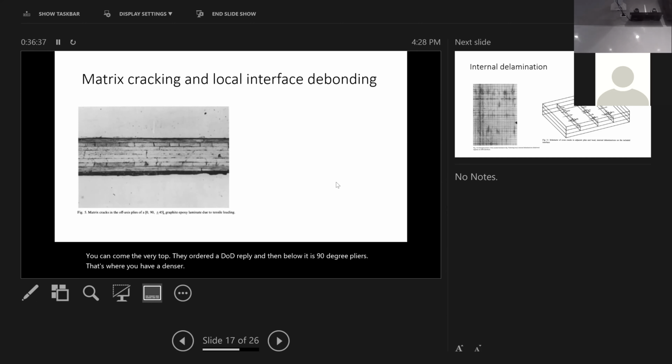And then you go to the plus minus 45. You still have cracks, but the cracks are less dense. You see the spacing, also due to the angle: 45 goes in that direction, so it appears longer. And then you come back to the plus minus 45. So there are 4 angle plies in the center, and then back to the 0-degree plies. So that's the first stage, when you have these occurring.